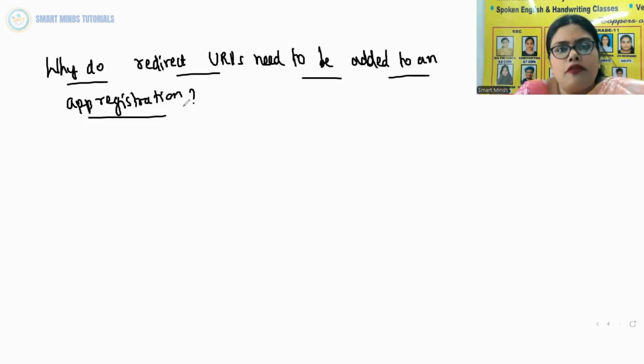Microsoft Entra login servers only redirect users and send tokens to redirect URIs that have been added to an app registration. If the redirect URI specified in the login request doesn't match any of the redirect URIs you have added in your application, then you receive an error message.